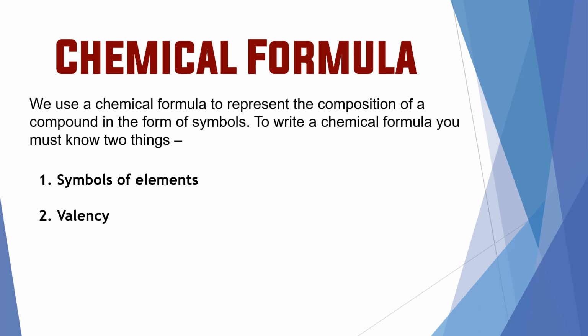By looking at that chemical formula, we get those ideas. So for writing a chemical formula, first we know the symbols of elements, and the second one is valency. That is a new word for you, valency. That we will study.